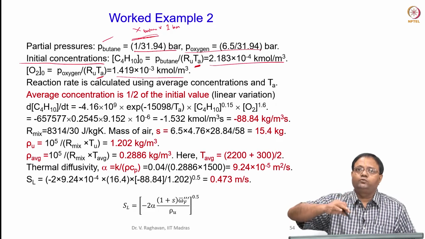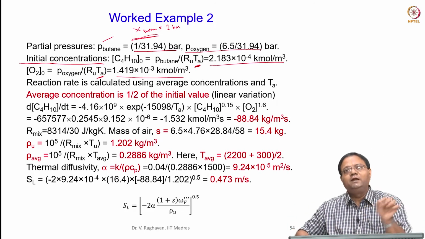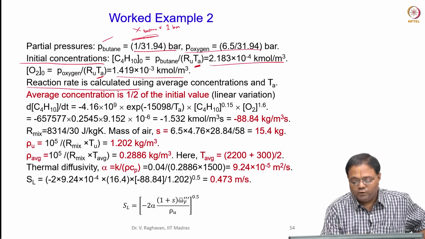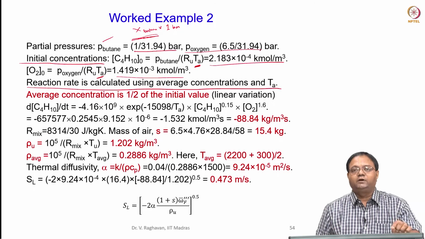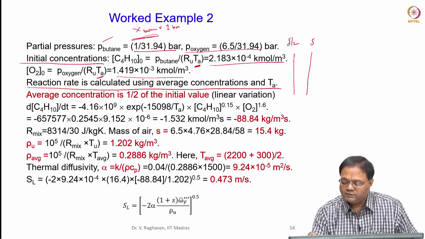We can also assume that concentration varies from a high value to a low value linearly. So the reaction rate is calculated using average concentrations and average temperature. Say for example, this is delta by 2 and this is delta. The initial concentration is this, and the concentration falls to 0 here.